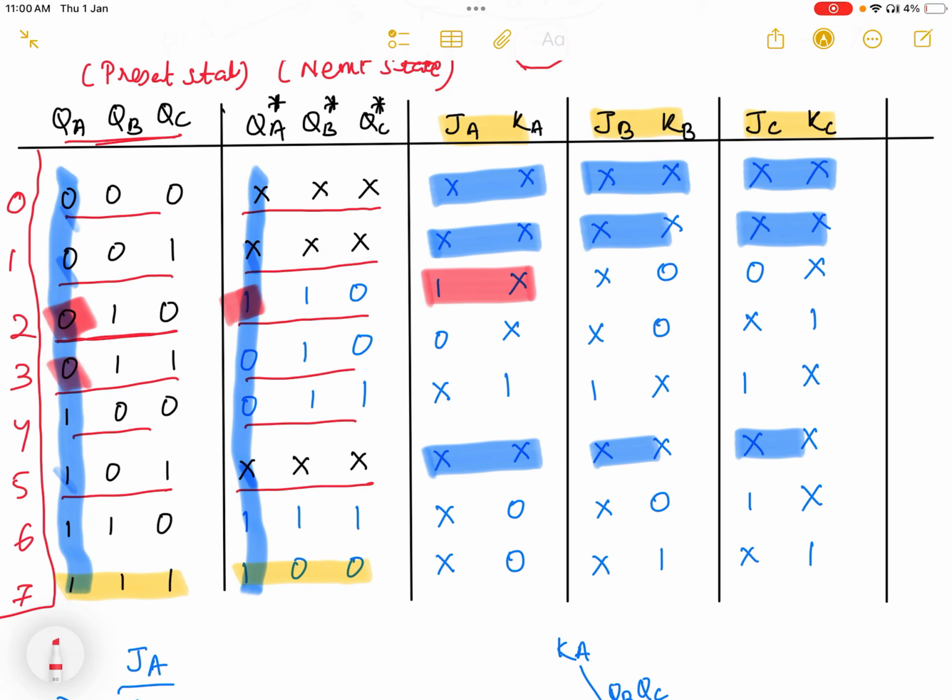Similarly, present state 0, next state 0 gives 0 don't care. All of these we get from the excitation table for the JK flip-flop.